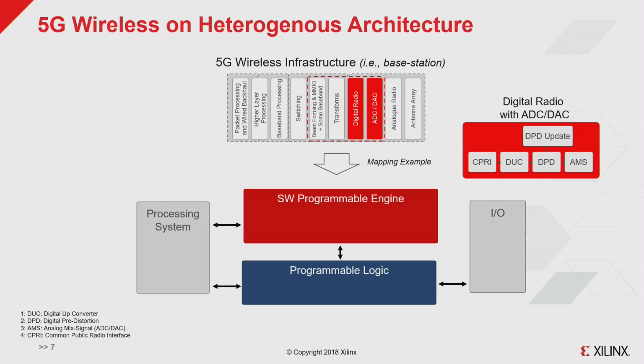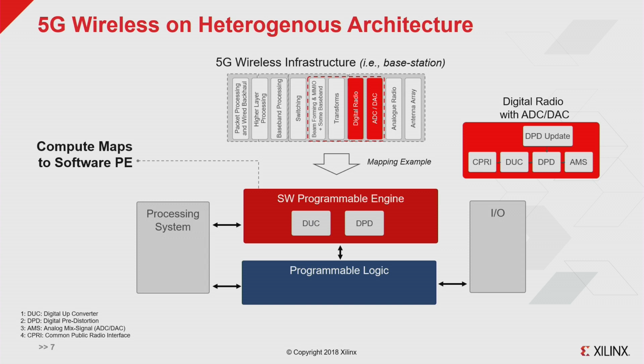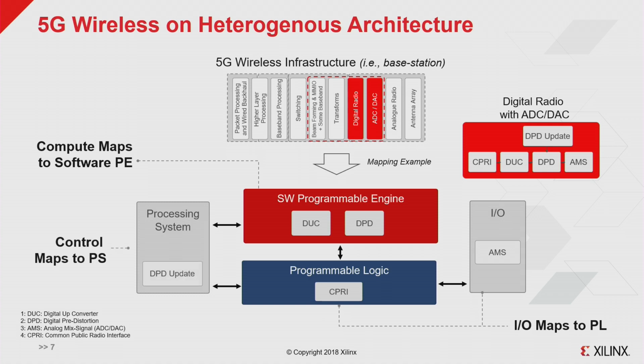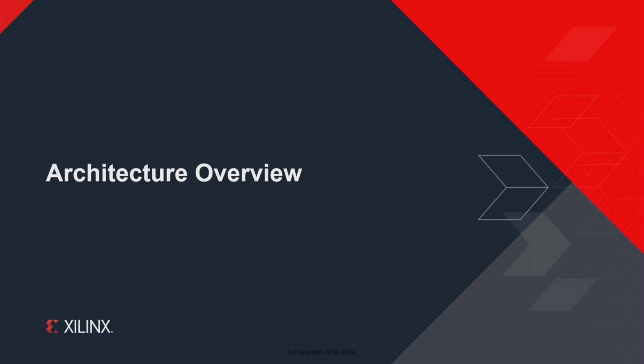How do you split the functionality? How do you implement this on the Everest architecture? You would put the compute on the software programmable engine. You could put the IOs on the programmable logic and the integrated AMS, and you can put the control on the processor subsystem.